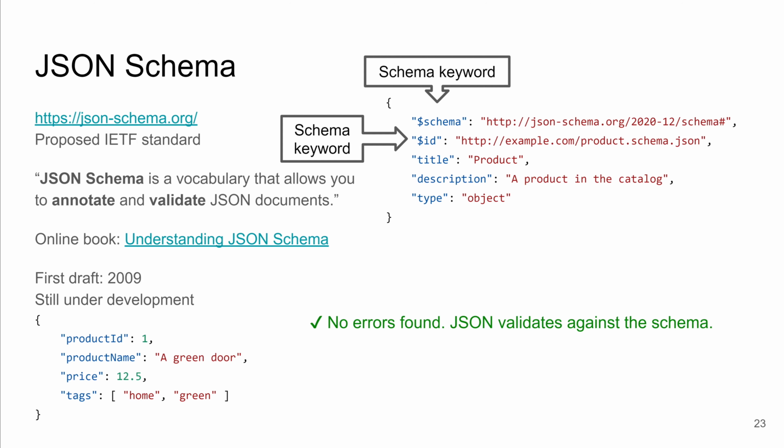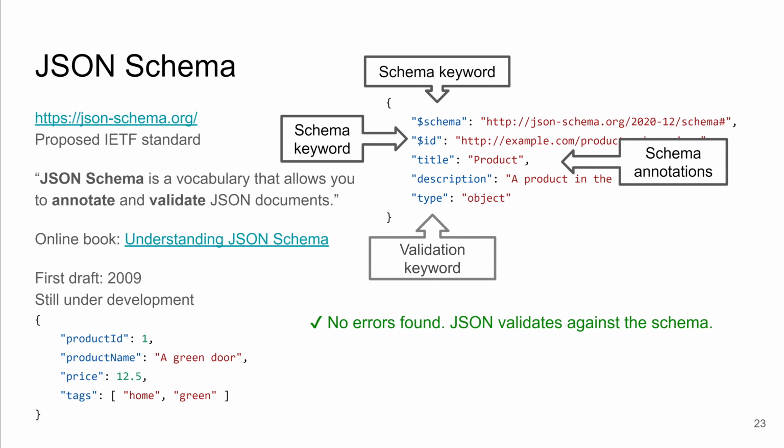Now, you might have noticed that some of the JSON keys in the schema start with a $ sign, so those are schema keywords. Then there are schema annotations, typically a title and description, annotating the data, and then there are validation keywords. So the key value pair type object serves validation purposes.